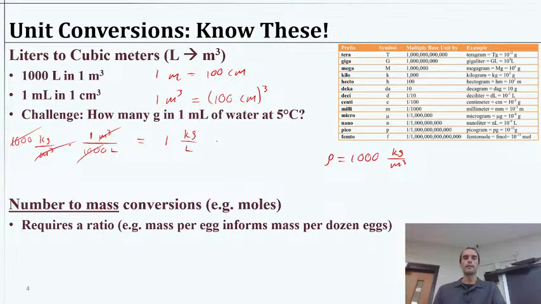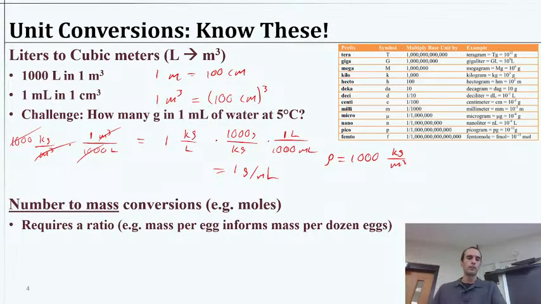So then we could take this and say, well, from here, we're really dividing both of those by 1,000. So we could write all that out, 1,000 grams per kilogram, 1 liter with 1,000 milliliters, 1 gram per milliliter. Okay, make sense?